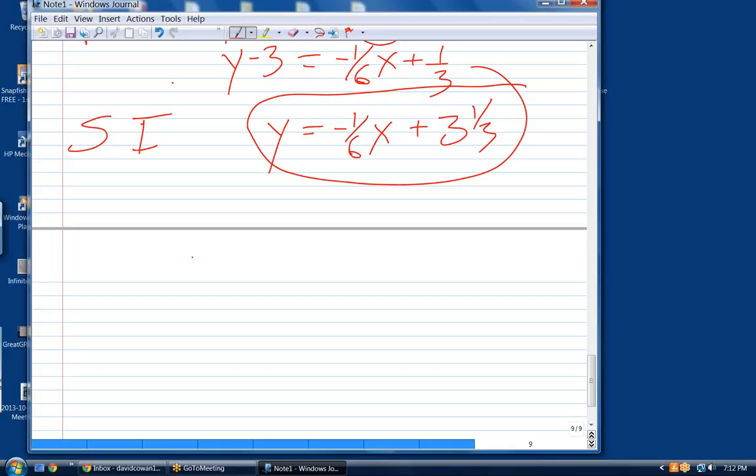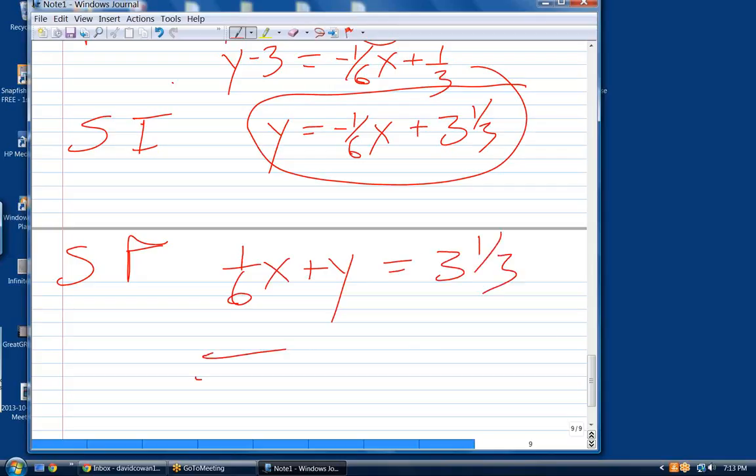Almost. First of all, we want to make sure we have y and x on the left side and all numbers on the right. So how do I do that? You would divide by 1/6. No, not yet. Let's move the x on the other side. So I have 1/6 x plus y equals 3 1/3.